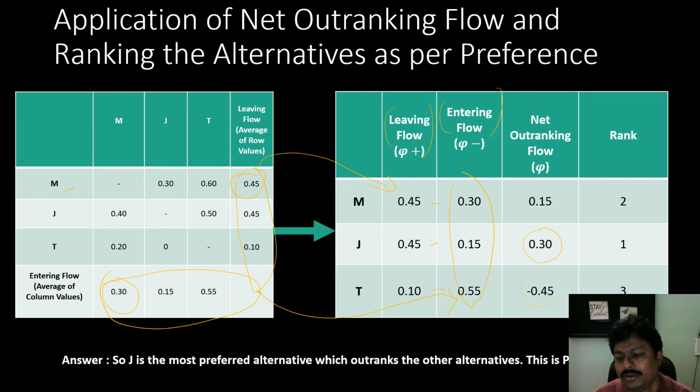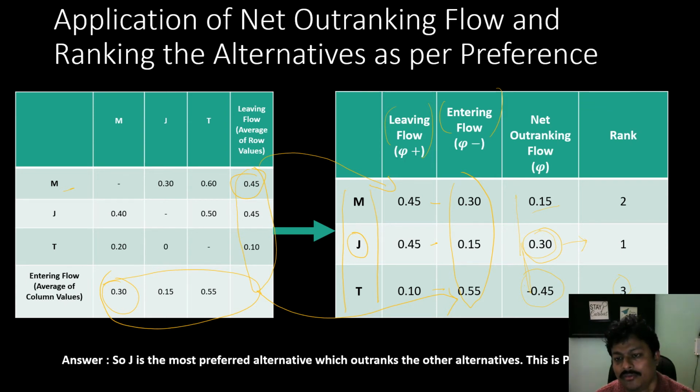Here, although for this negative number 0.45, if I take the magnitude, it is the maximum number, as we consider all the values with the sign, this positive number 0.30 becomes the highest value within these three values, and that is why Jaguar becomes the most preferred alternative among these three alternatives, followed by the next highest positive value, that of Maruti, and lastly this is the negative value, so naturally it will get the least preferred selection, which is Tork.